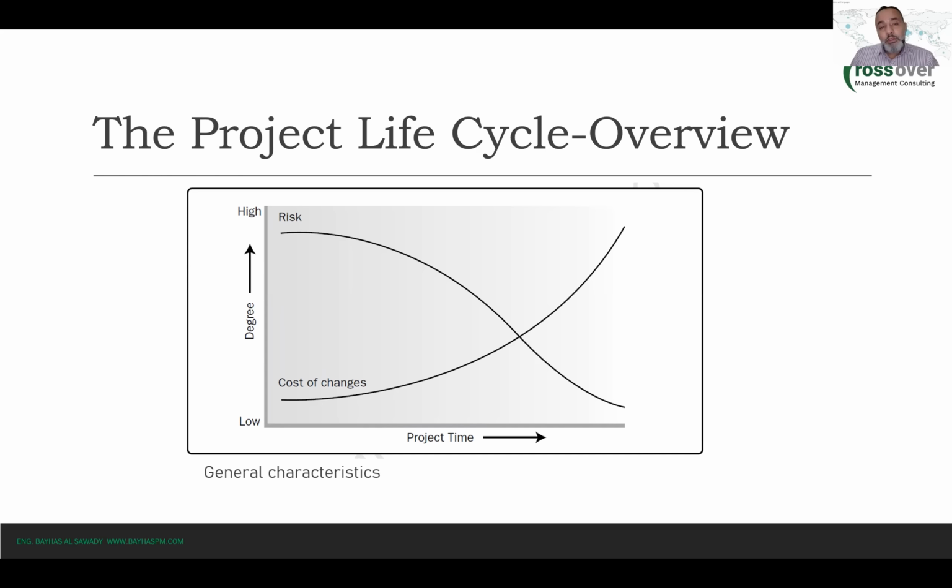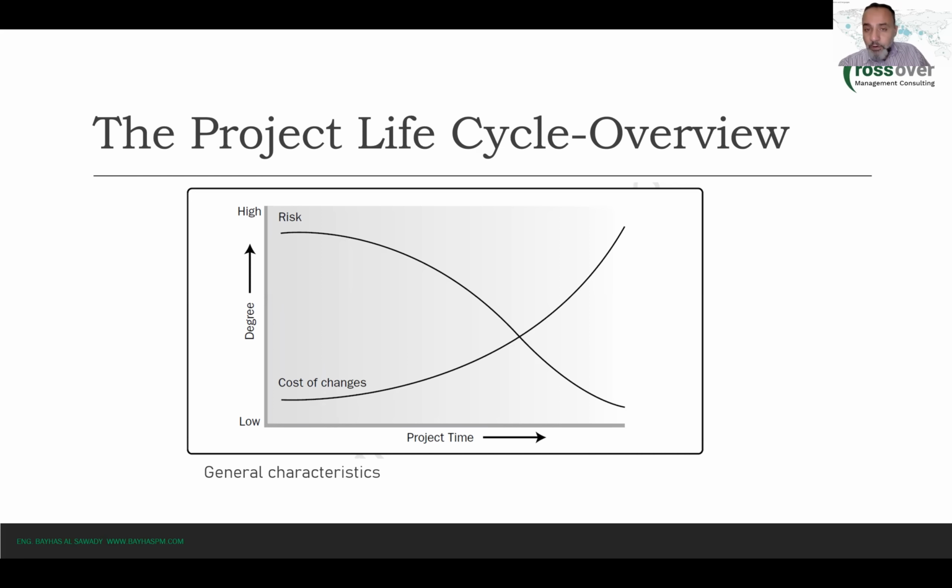Okay, so what should I be doing as a project manager? What is the benefit of knowing this for me as a project manager? As a project manager, I should be trying all the time to control the changes so that they take place on early stages of the project, right?